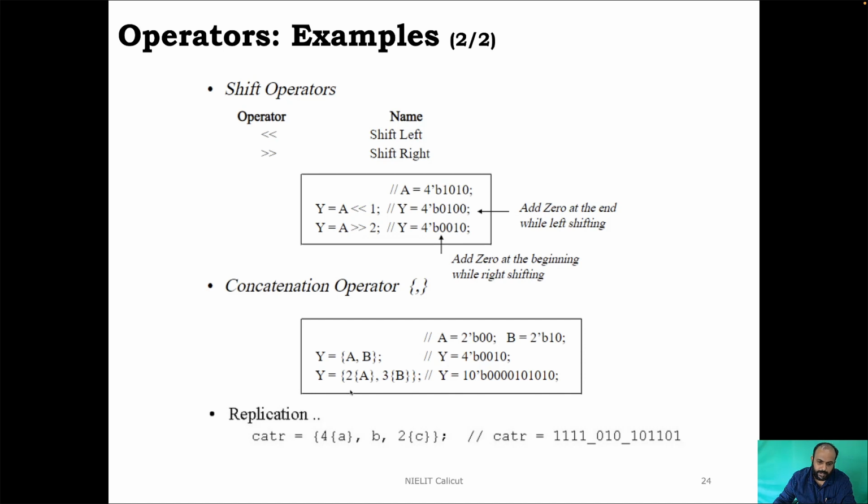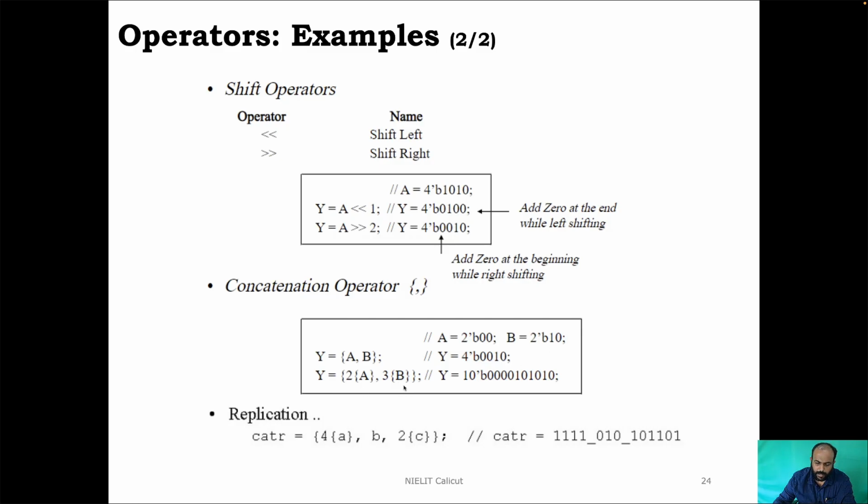Similarly, look at the next example. This is an example of replication plus concatenation. Here the number A is replicated twice. So A was a 2-bit number. When you replicate it twice, you get a 4-bit number, A written twice, 0000. Similarly, B is replicated thrice. So it's a 6-bit number, 101010.